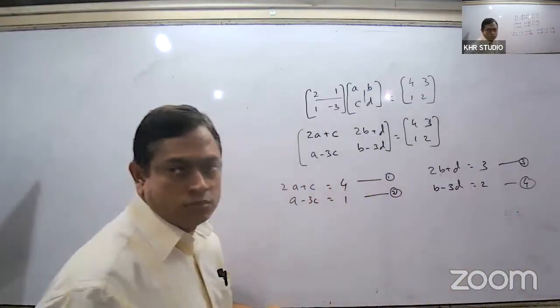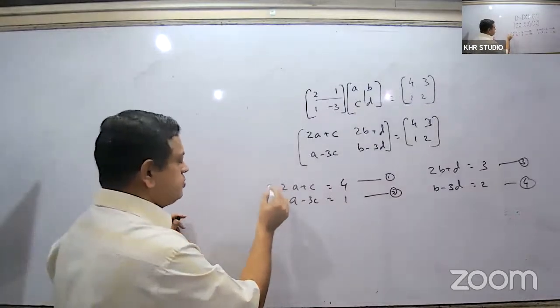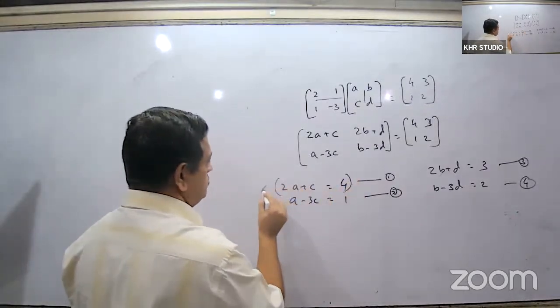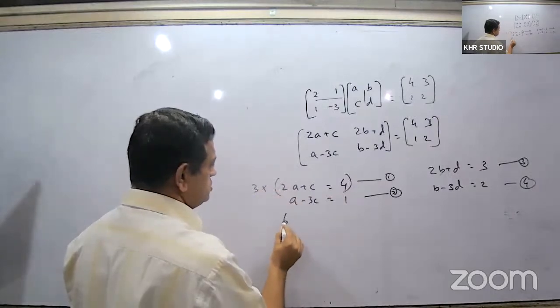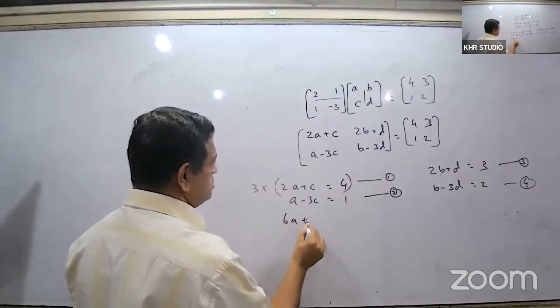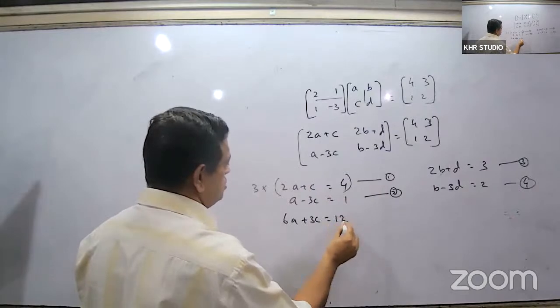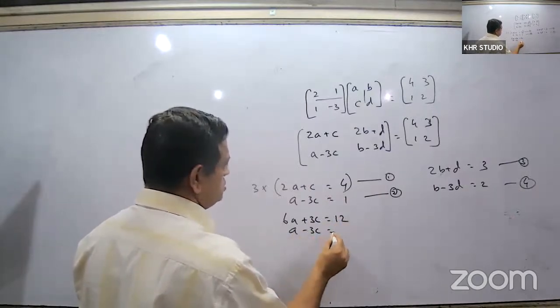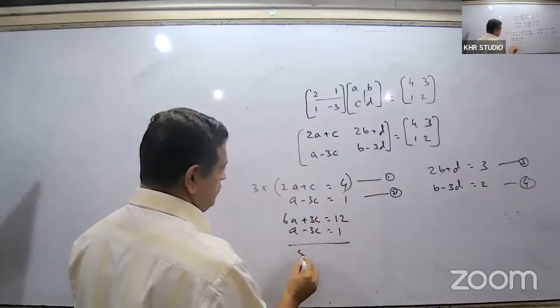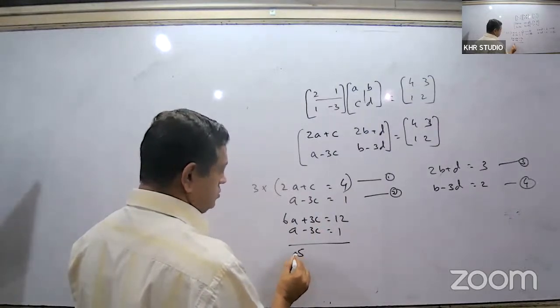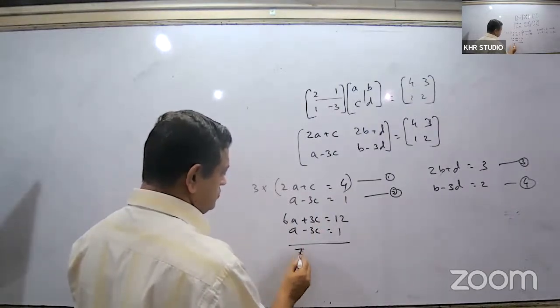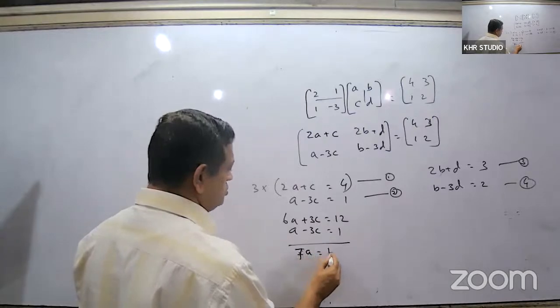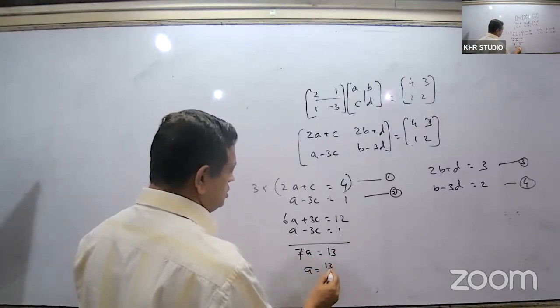Solving is the problem. Multiply this by 3. So what do you get? 6a plus 3c is equal to 12, and a minus 3c is equal to 1. Addition gives 7a is equal to 13, so a is equal to 13 by 7.